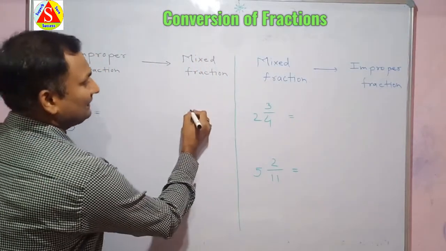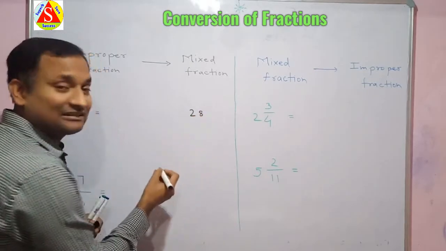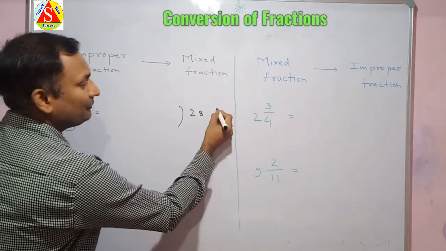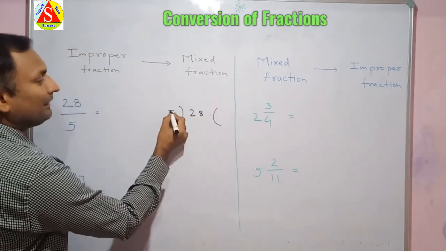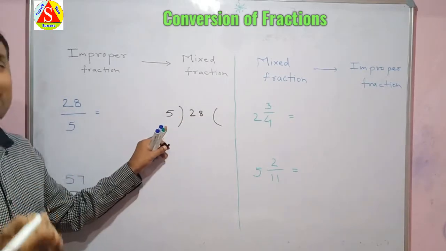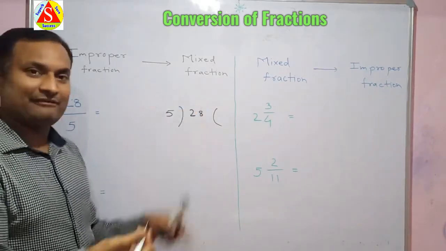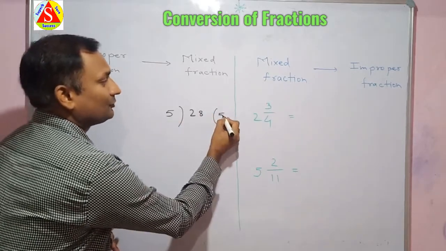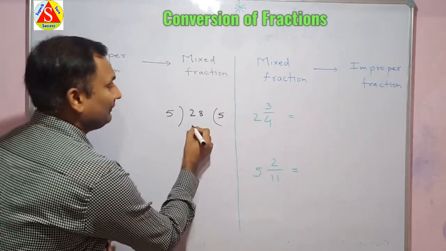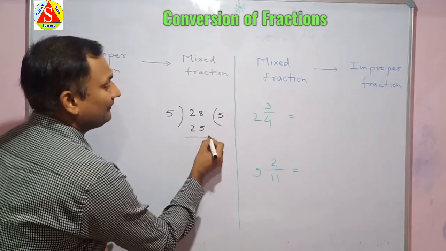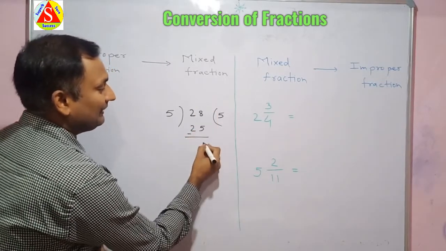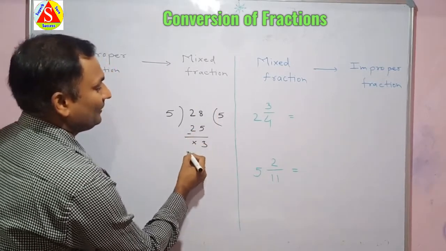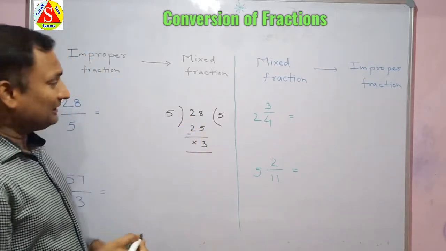Here 28 is the dividend and we have to divide it by 5, and here 5 is the divisor. So 5 fives are 25. We write 25 and when we subtract it, we get 3.